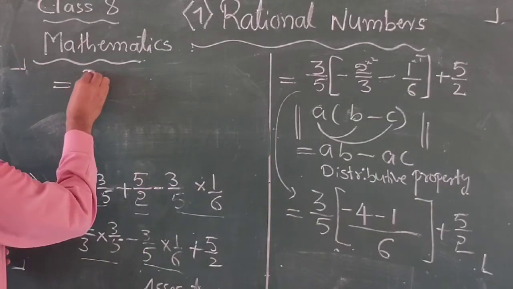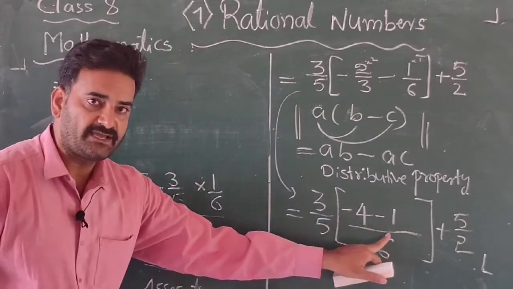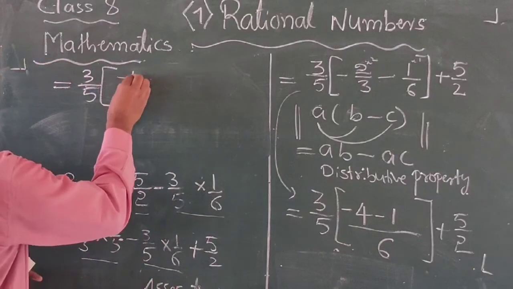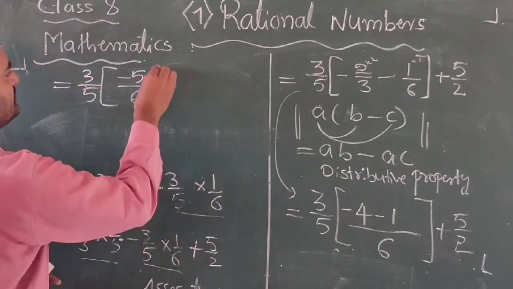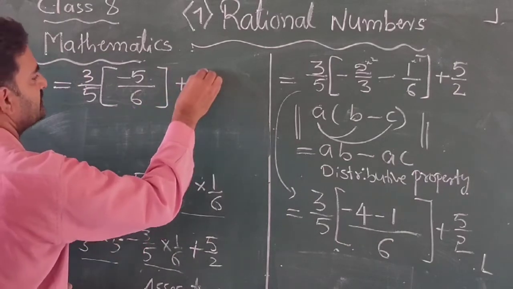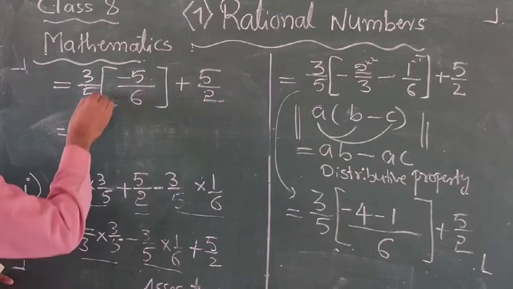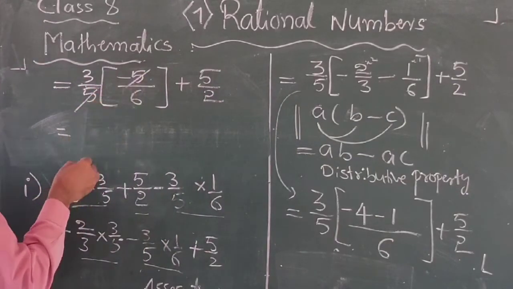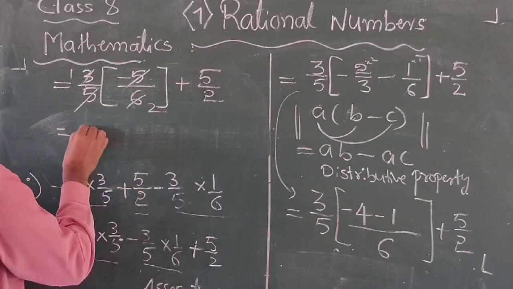This is equal to 3 by 5 as it is. Now minus 4 minus 1 is minus 5 divided by 6 as it is. Bracket close, plus 5 by 2. This is equal to 5 gets cancelled, and 3 1s are 3, 3 2s are 6. What is remaining?